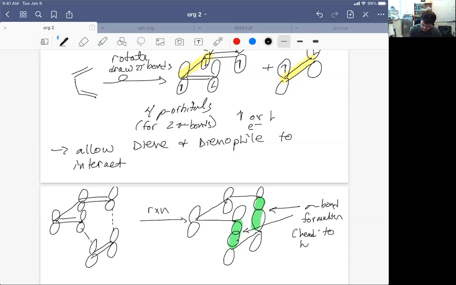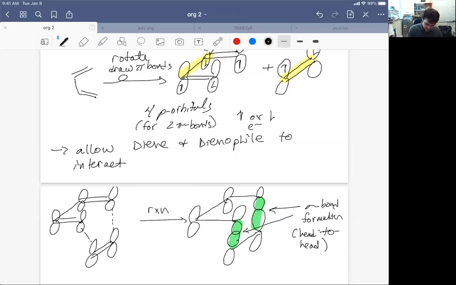So we have head-to-head overlap, from the diene coming in underneath and docking, like it's coming into a spaceport, I like to think. And then the orbitals at the end of the dienophile dock in, clamp in, and that's how we allow the diene to actually form the two new sigma bonds.